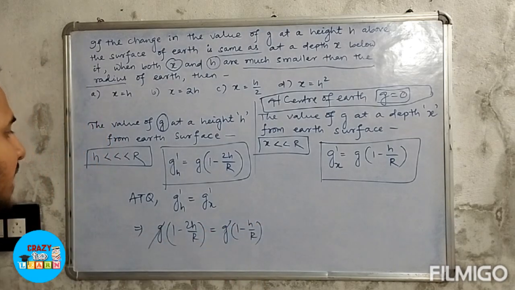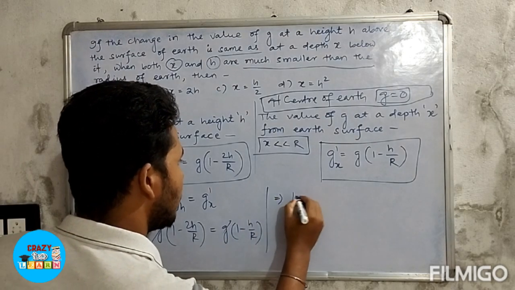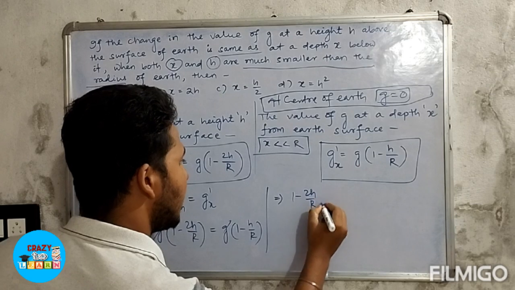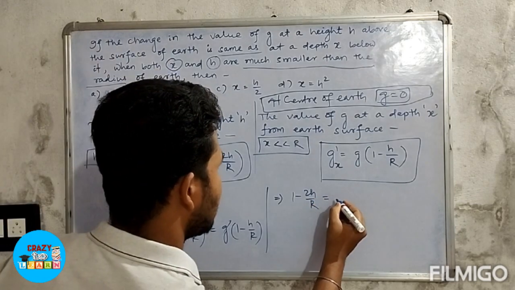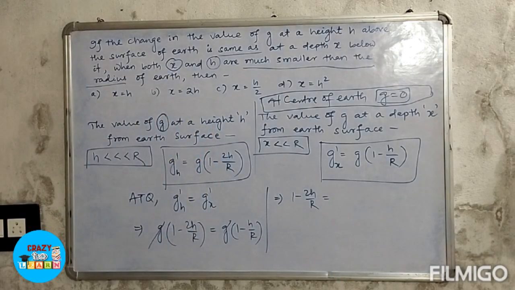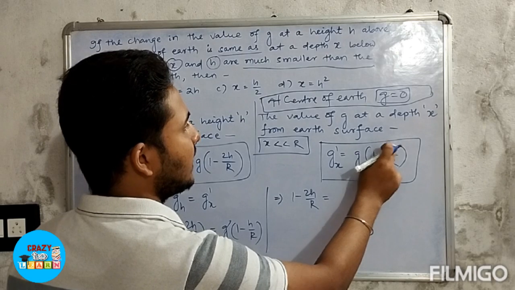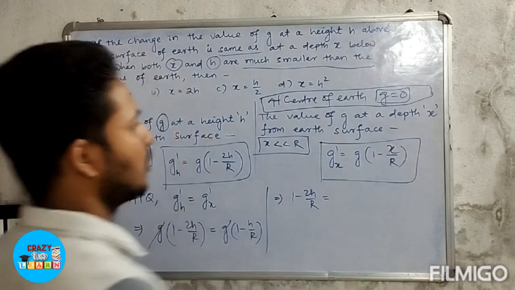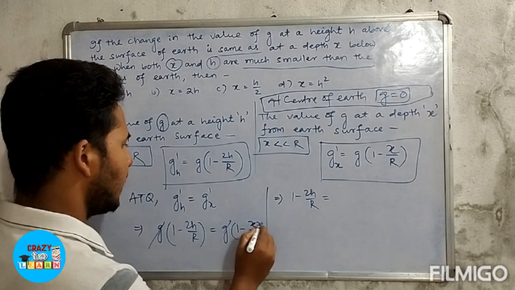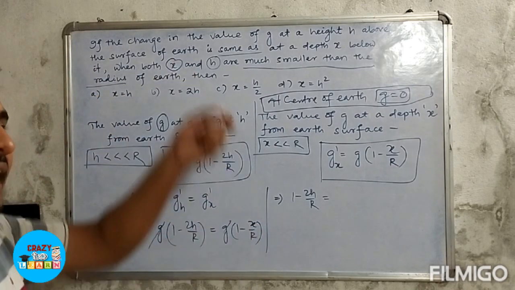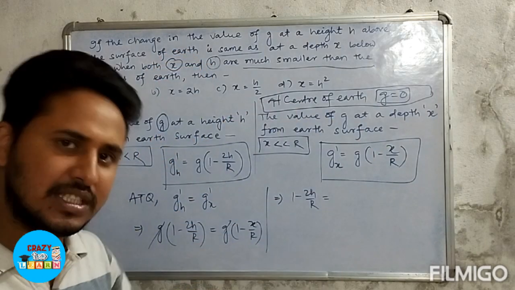Cancel g from both sides. What will you get? 1 minus 2h by r is equal to 1 minus x by r. Depth is taken here as x, so we will take it as x, otherwise you will be confused. h is distance and x is also distance.